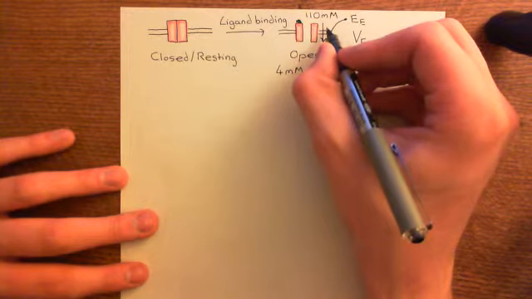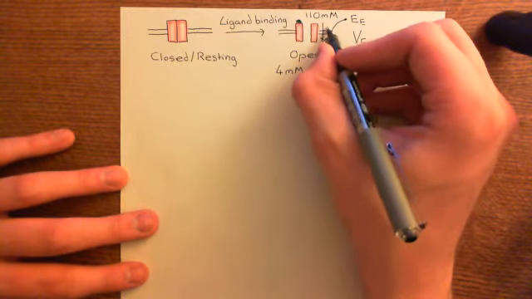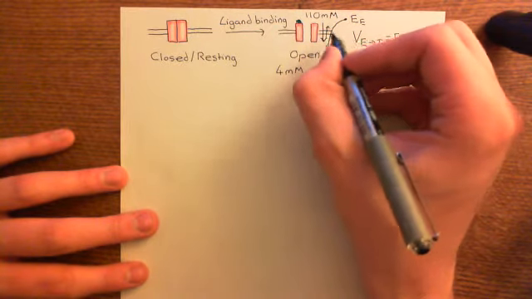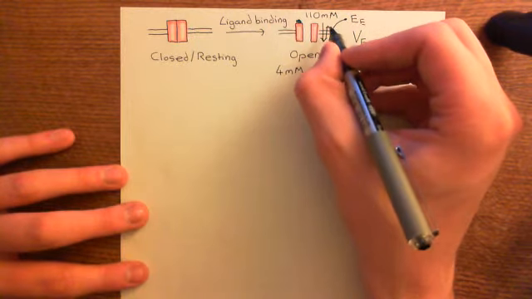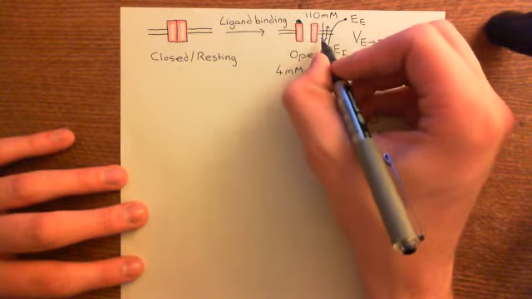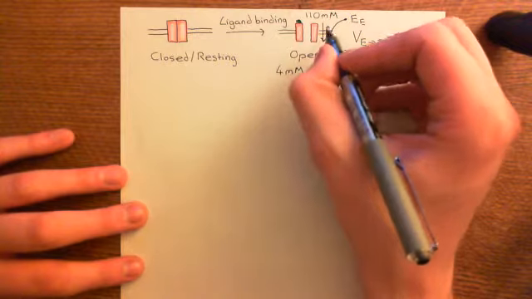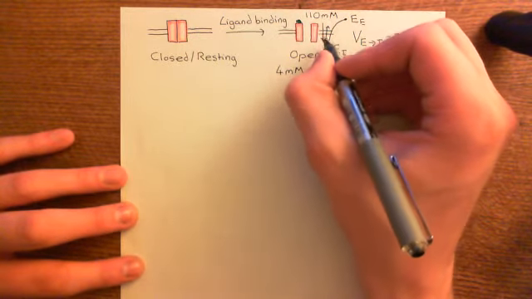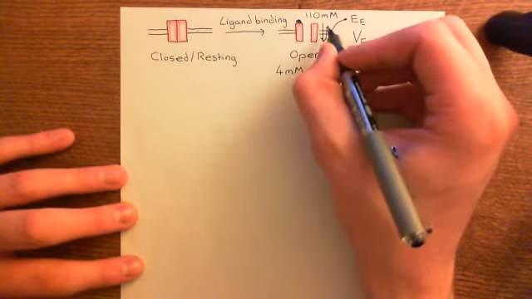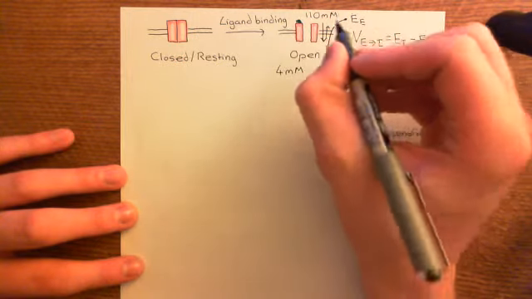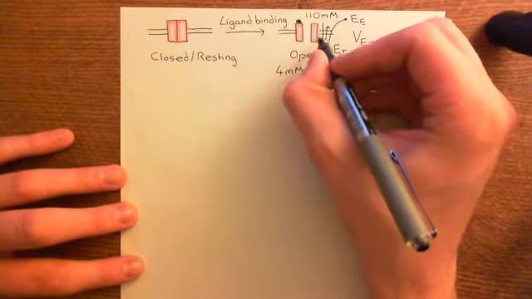And the answer is that the concentration gradient wins. So the chloride movement out of the cell, because of the electrical gradient, is smaller than the chloride movement into the cell. So overall, the concentration gradient is stronger than the electrical gradient. So you get a net movement of chloride into the cell.